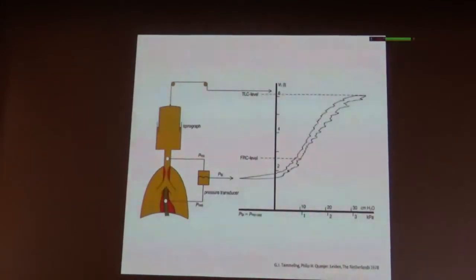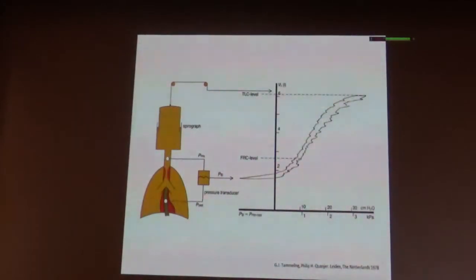You see that when you reach total lung capacity, your transpulmonary pressure is around 30 centimeters of water. Total lung capacity is a voluntary maneuver, but when you reach your maximum distension of alveoli, you're close to 30 centimeters of water.